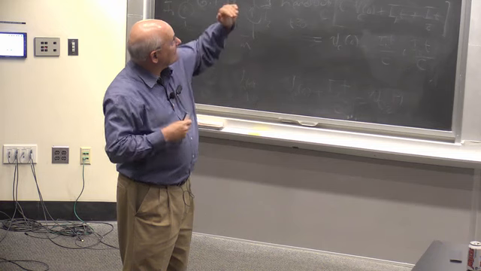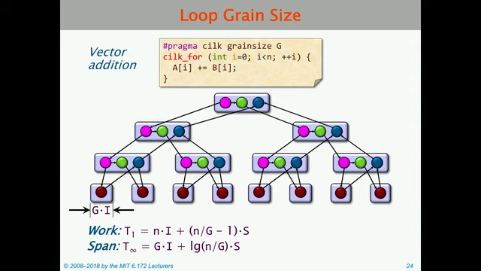Actually, maybe I just have log n, because I'm going to count it going down and going up. So actually, a constant of 1 is fine.